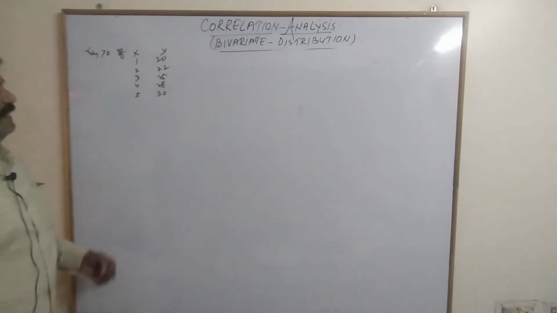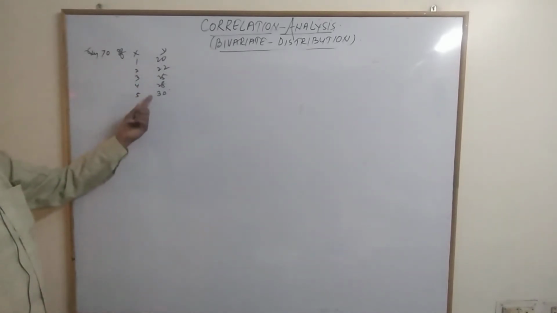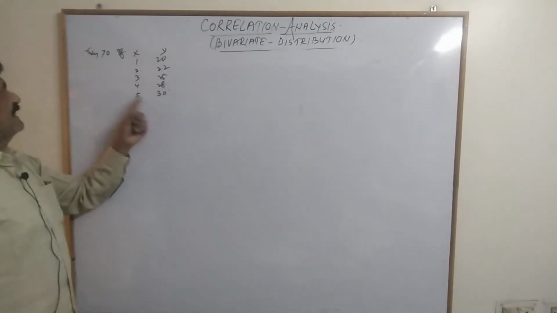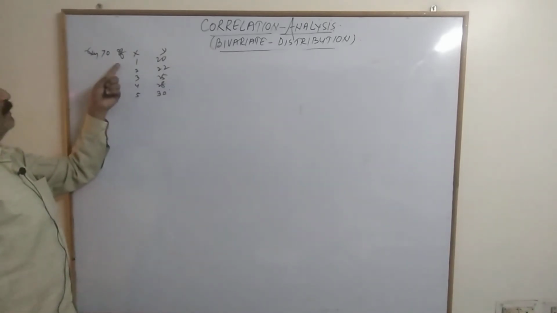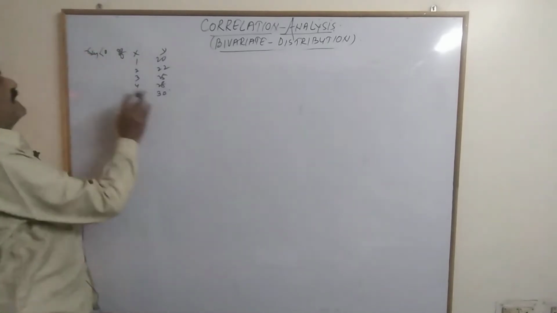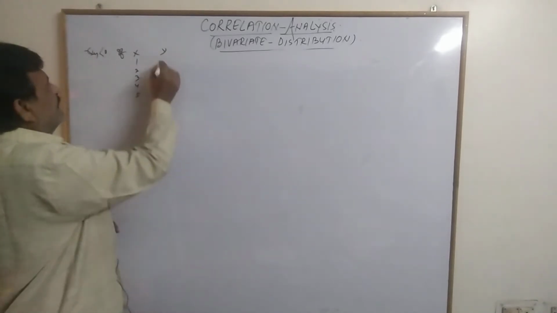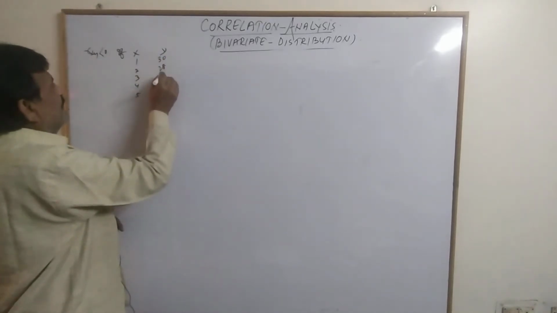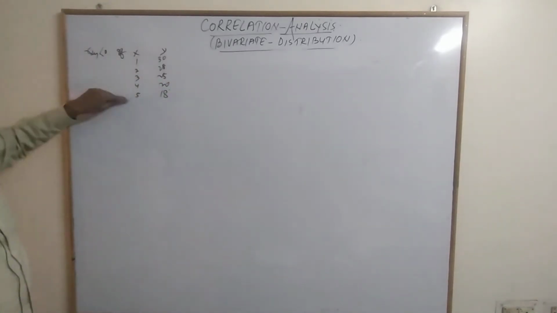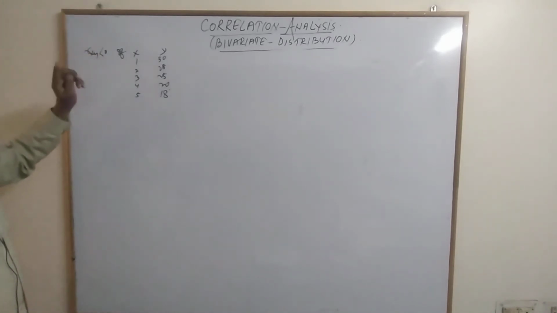What we observe is that if x increases, y increases. If x decreases, y decreases. So both variables move in the same direction. Rxy would be negative if x and y move in opposite directions. If x increases, y decreases. If x decreases, y increases. In that case, Rxy has to be negative.